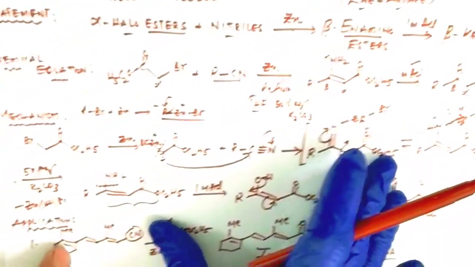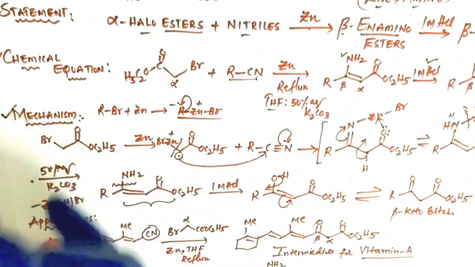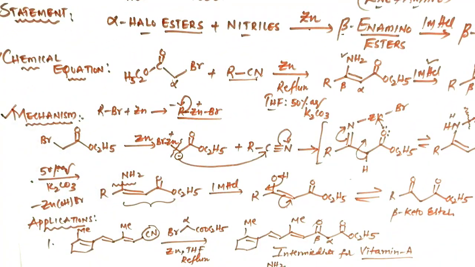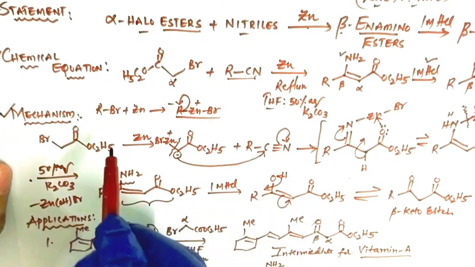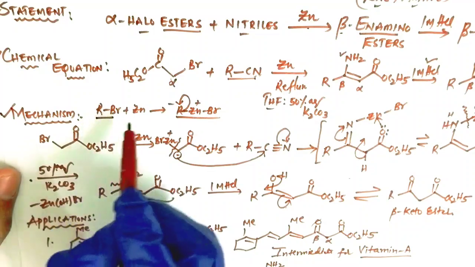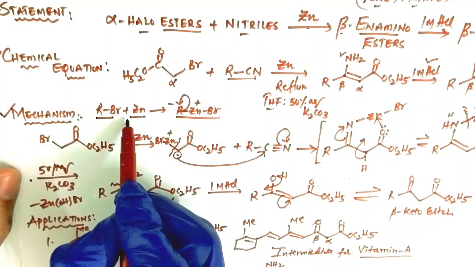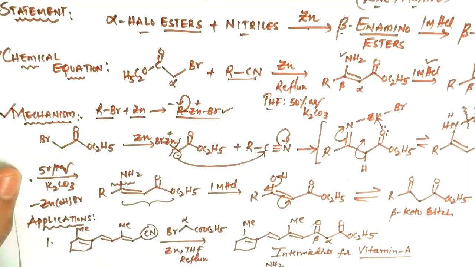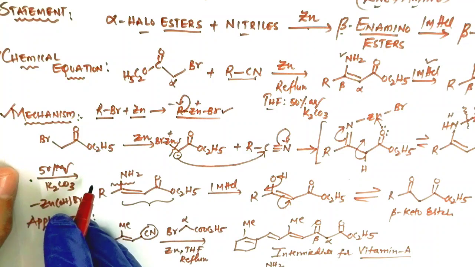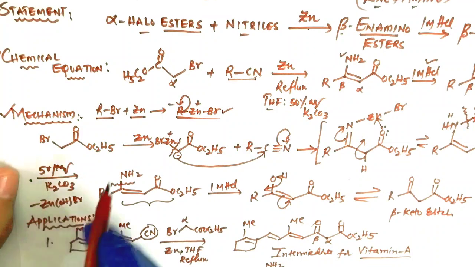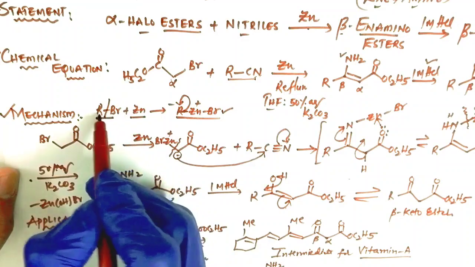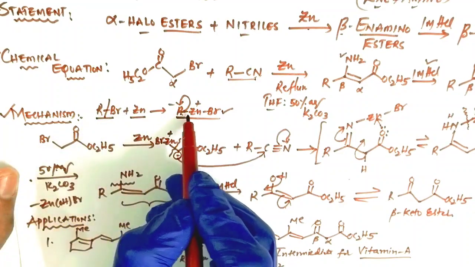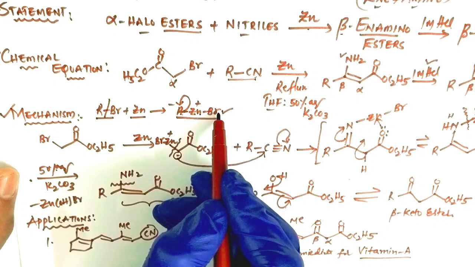Okay. The next component is mechanism. A very important part of any kind of chemical reaction is mechanism. We all know that whenever alkyl halides are treated with zinc, they can produce organozinc halides, or organometallic compound. So the Zn is introduced between the R and Br, and produces RZnBr.